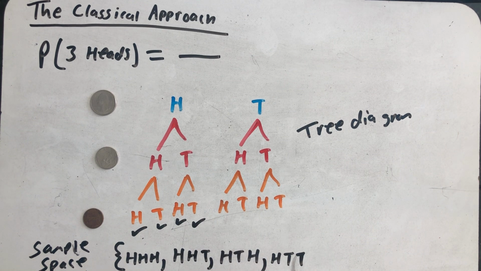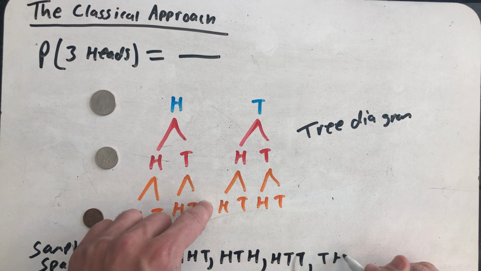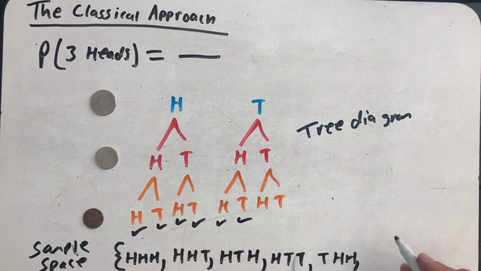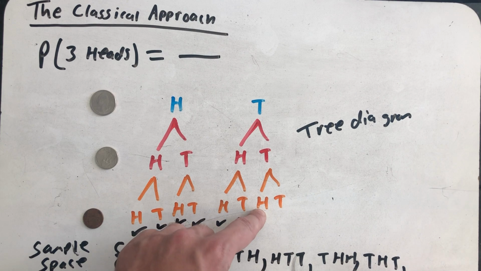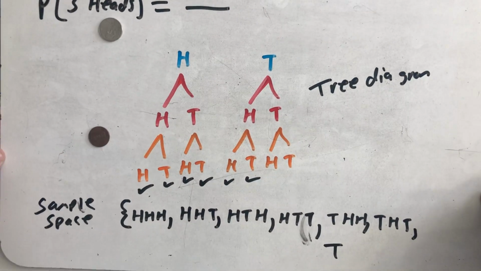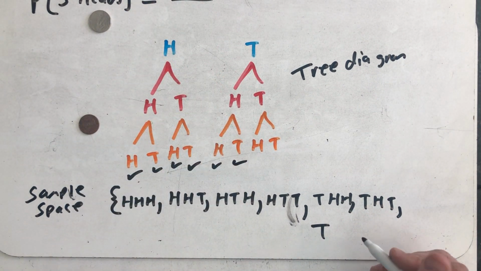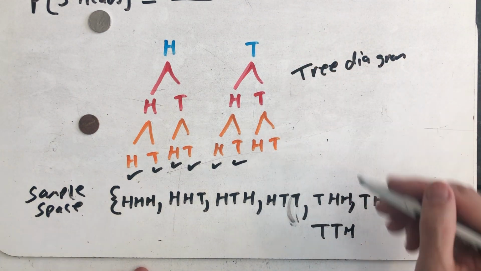All right, so I'm halfway through, and now I will have a tail, head, head, tail, head, tail, tail, tail, head. Kind of writing off the board here, so we'll scoot that up just a little bit. And then finally, tail, tail, tail.